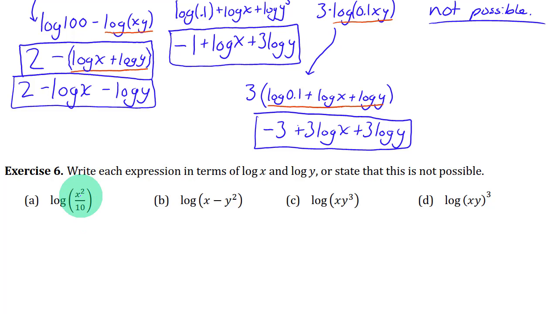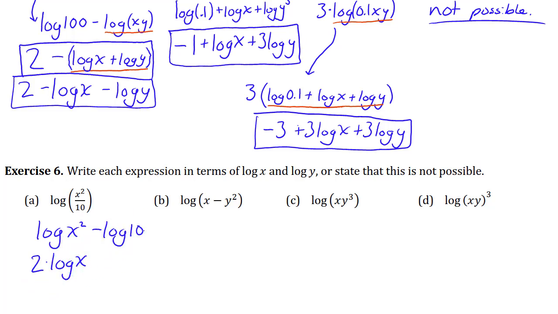Okay, so this is a log of a fraction, so you can use log law 2 with that. This is log of x squared minus log of 10. Log of x squared is log of something to a power. The power is 2. You can use log law 3 with that. That will turn into 2 times log of x.